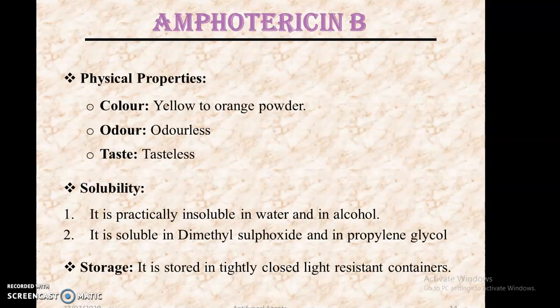Next example which we will see is Amphotericin B. Amphotericin B is a yellow to orange powder which is odorless and tasteless. On the basis of solubility studies, it is practically insoluble in water and in alcohol. It is soluble in dimethyl sulfoxide and in propylene glycol. It is to be stored in tightly closed, light resistant containers.